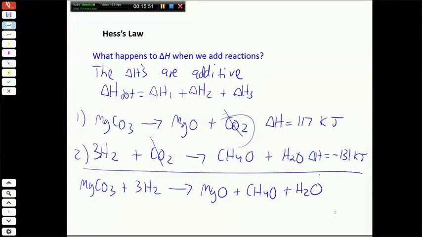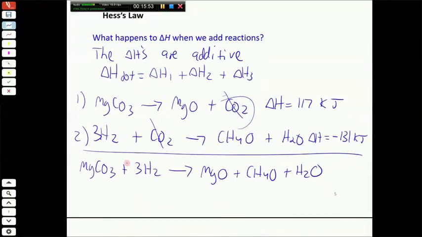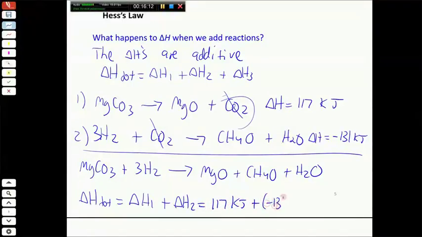So that's our combined chemical equation. The delta H for this combined equation is just the sum of delta H1 plus delta H2, which is 117 kilojoules plus negative 131 kilojoules. We don't change any signs here, we're just adding them together directly, for minus 14 kilojoules.